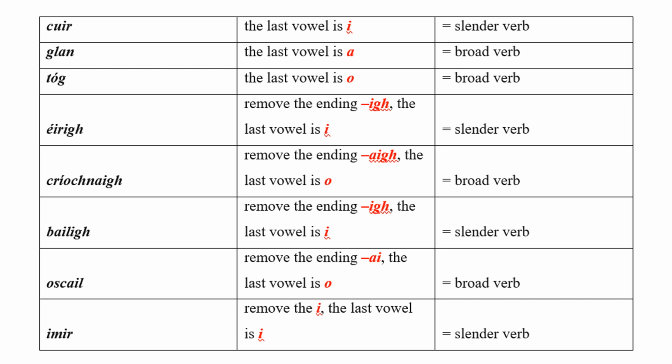The last vowel is O, so it's broad. Bailigh, remove the ending IGH. The last vowel is I, so it's slender. Oscail, remove the ending AIL, and the last vowel is O. And imir, remove the I in the last vowel, and I is slender.